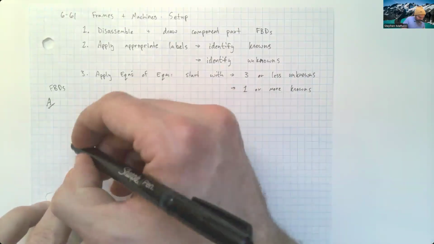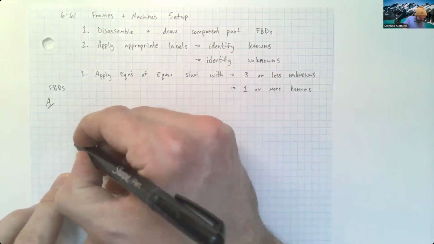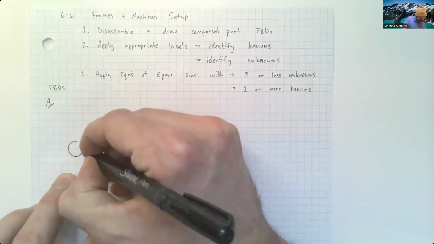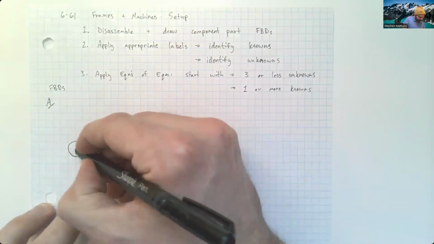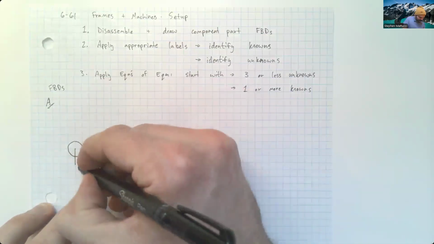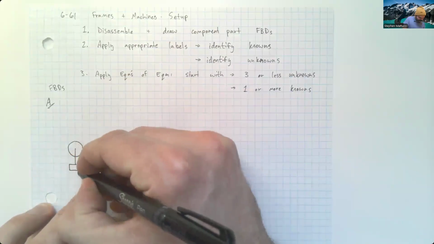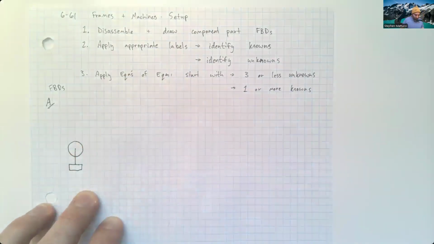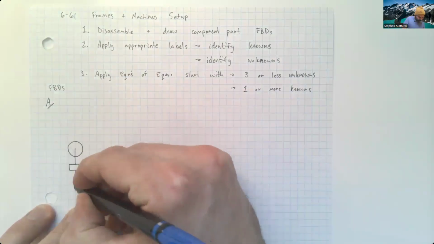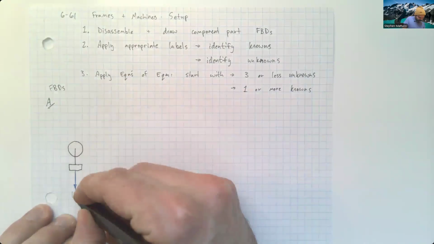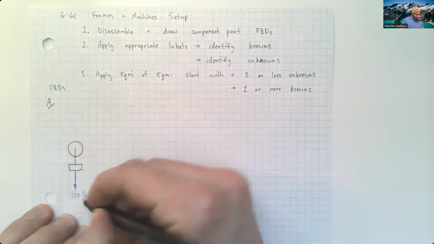I always have a hard time drawing circles freehand. So here's pulley A. Pulley A is connected to this weight. And this weight we know is 100 pounds.